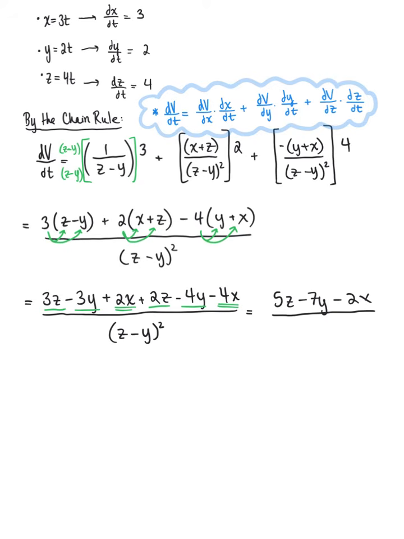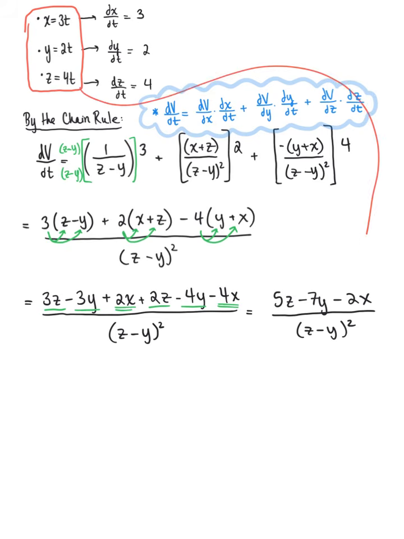And that's still all over z minus y squared. Alrighty, so we have simplified our chain rule, and now we're ready to take the original parametric representations of x, y, and z and plug them into our answer. So we're taking these and parametrizing our final answer here.